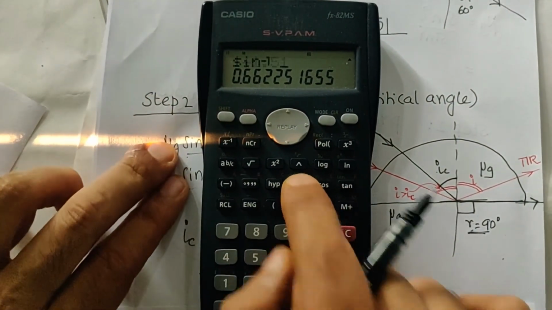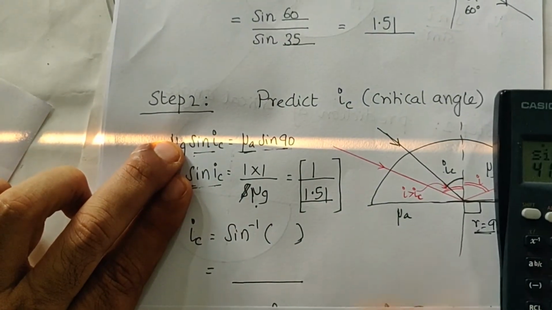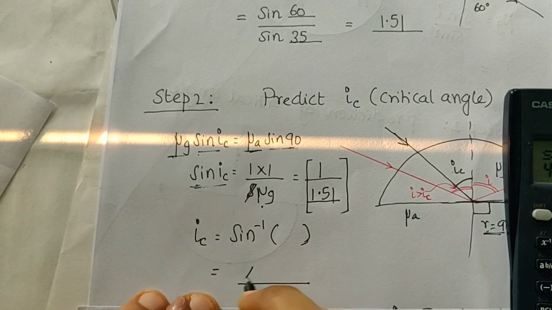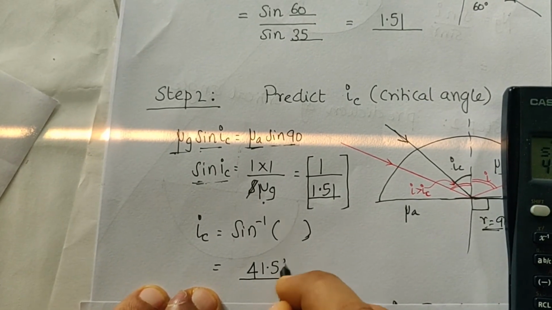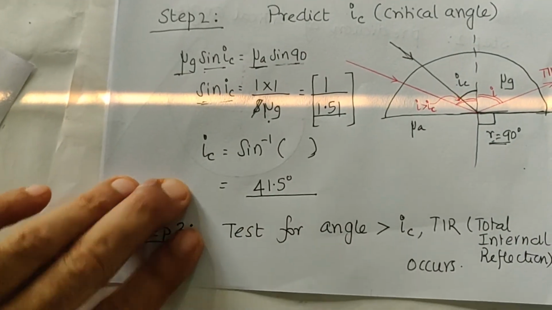The sine inverse of that is 41.47. So let's take it as 41.5 degrees. That's the critical angle for us, what approximately we need to get.